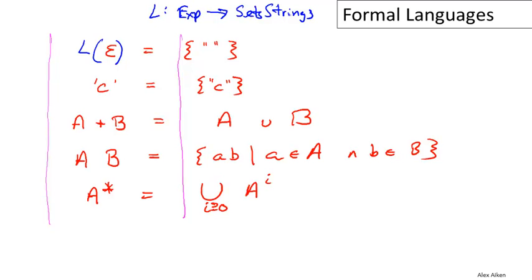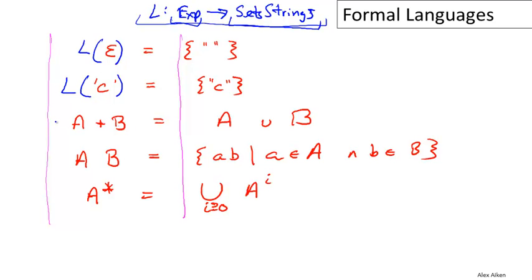Okay, it's a function that maps one to the other. And if you haven't seen this notation before, this is a standard notation for describing functions. It just says that L is a function from things in the domain, in this domain, to this range. Okay? And similarly, the language of this expression is this set.